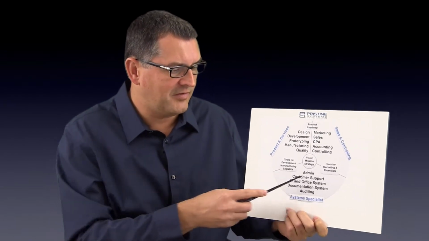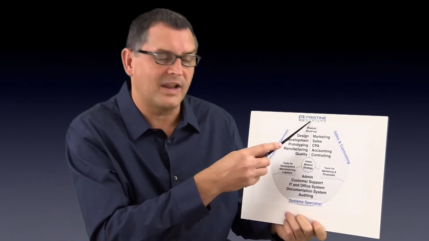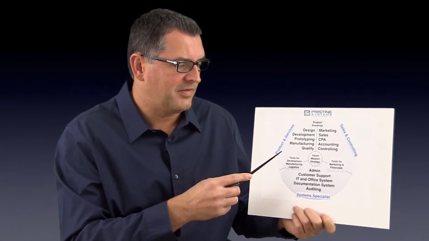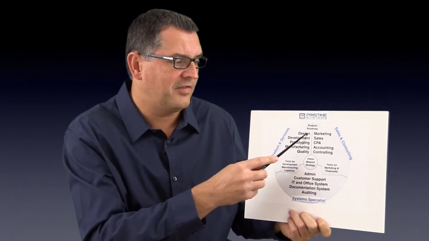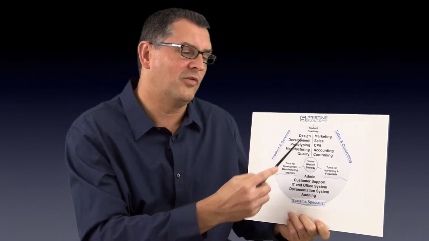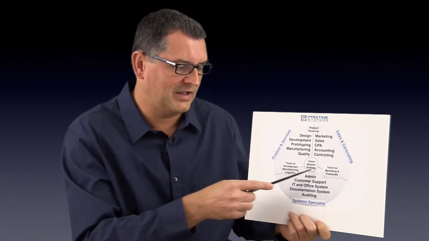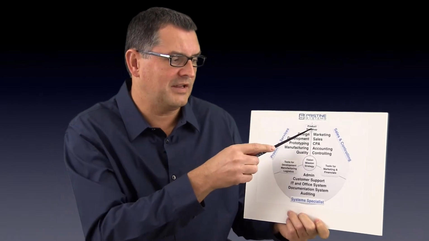So in the interfaces, so the cross-section areas here, if you will, you can think of it this way. So the product and service person, together with the sales and controlling person, they really drive the roadmap. So these two guys really think about the product and how to move the product line forward. So the system specialist is a little bit hands-off because his work is pretty disconnected to the exact product details and maybe even the details of the product market.